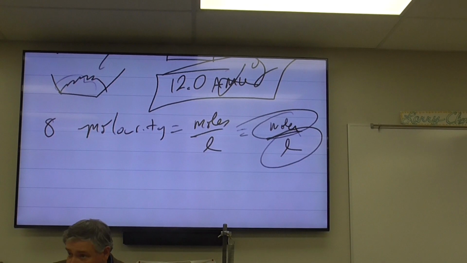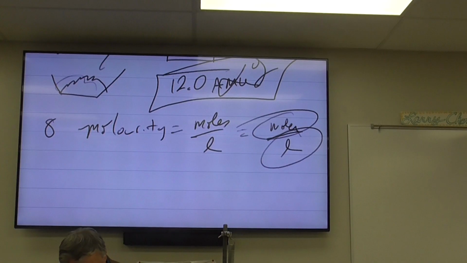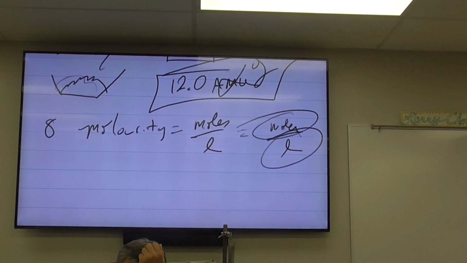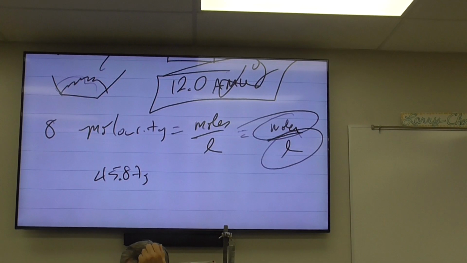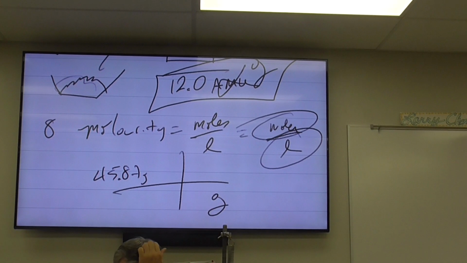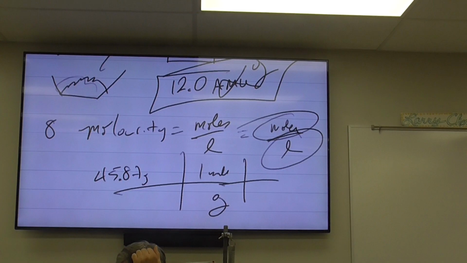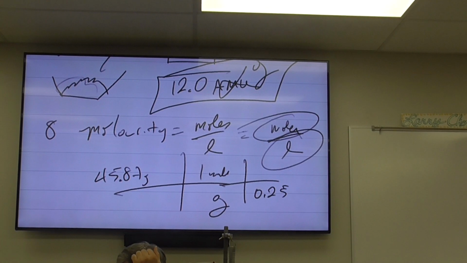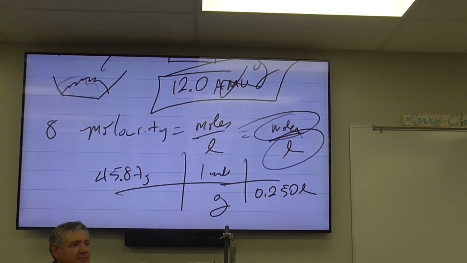Now, your other option: I like stoich, and I'm personally a fan. So I would take 45.87 grams of the nickel nitrate, put grams of nickel nitrate down here for 1 mole, and then divide by 0.250 liters, all in one step.